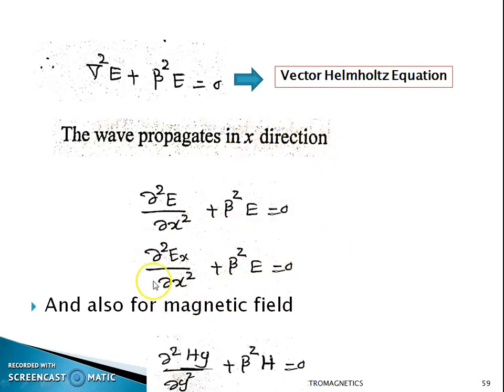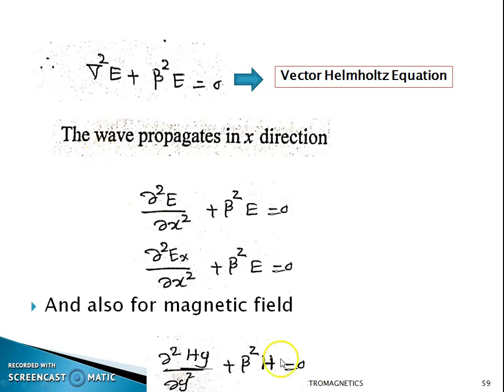Here we are considering only the case of x direction because the electric field propagates in x direction, and so all other components, that is flowing through the y and z direction, should be equal to 0. And in the case of magnetic field, we know the magnetic field propagates orthogonal to this electric field, and it propagates in y direction or y axis.